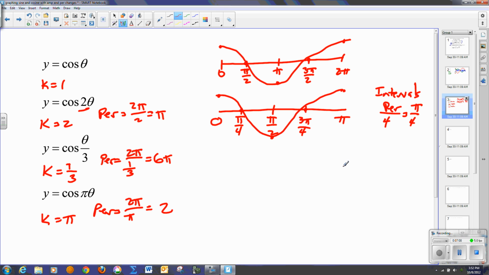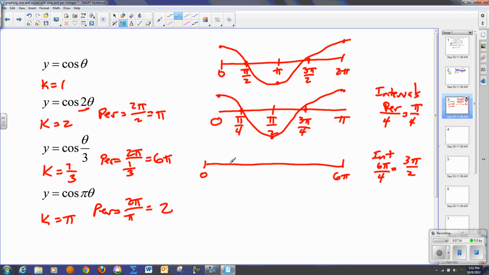Likewise, if I go from 0 to 6 pi, I need to adjust all my intervals, and my graph will still look the same. But if I want the intervals, I take my period, which is 6 pi, and I divide that by 4, because there's 4 quadrants to the circle, giving me intervals of 3 pi over 2.